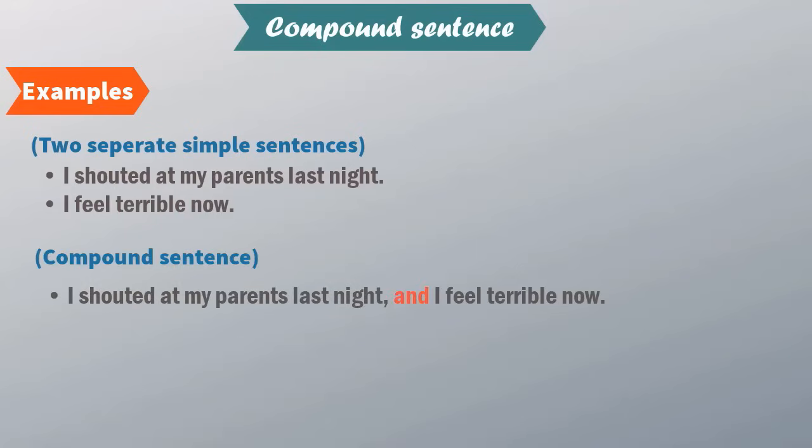I shouted at my parents last night, and I feel terrible now. I shouted at my parents last night, complete sentence; and is the coordinating conjunction. I feel terrible now is also a complete sentence, also an independent clause, right? And since there is a relation between these two sentences, we are using a coordinating conjunction to bring them together.